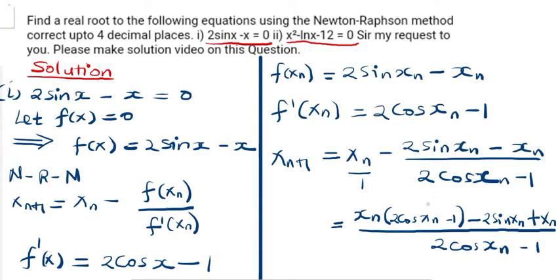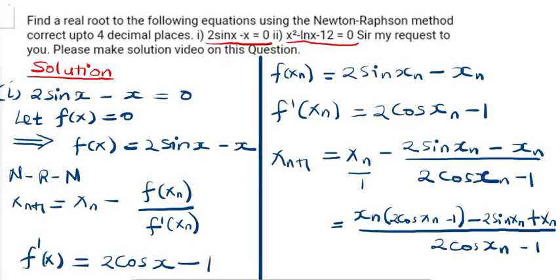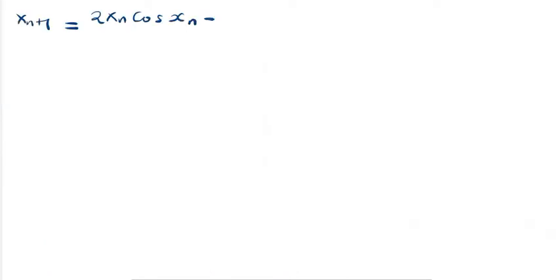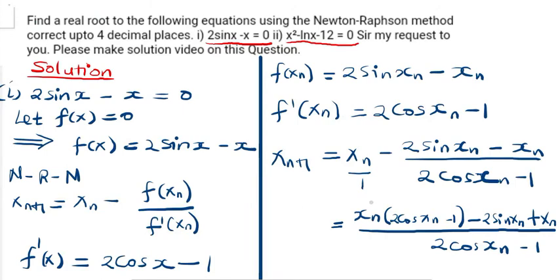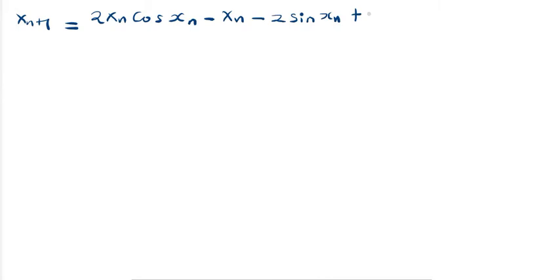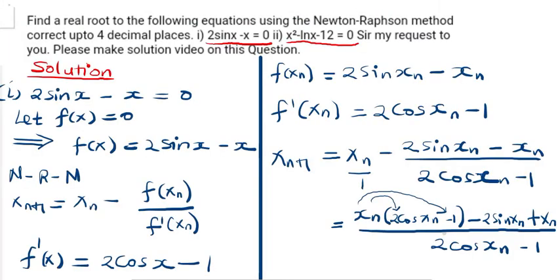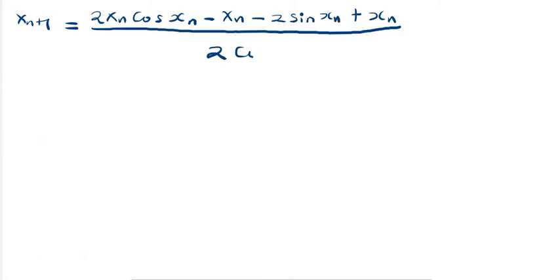Next step is we are going to open this bracket here. On the next page, we have x_(n+1) equal to, opening brackets here, we shall have 2 x_n cos x_n minus x_n. This x_n has entered, multiplied that term, minus 2 sine x_n plus x_n, everything over 2 cos x_n minus 1.